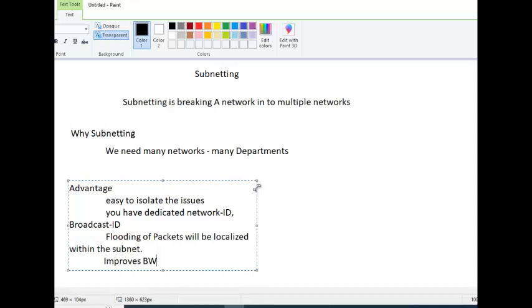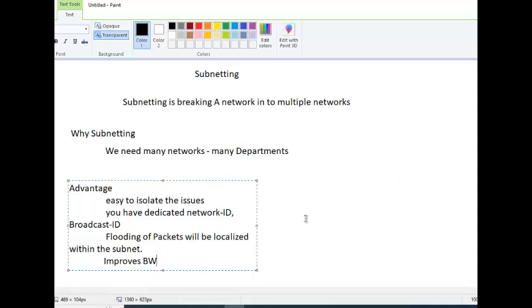But when you do subnetting, you localize the flooding. As a result, the broadcast of other departments are not wasted. In that way, we are improving the bandwidth. Flooding of packet will be localized within the subnet.